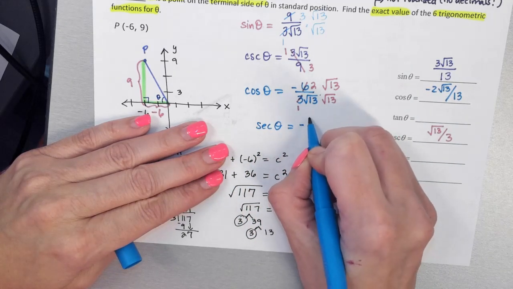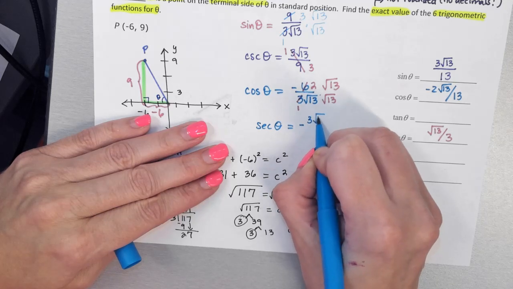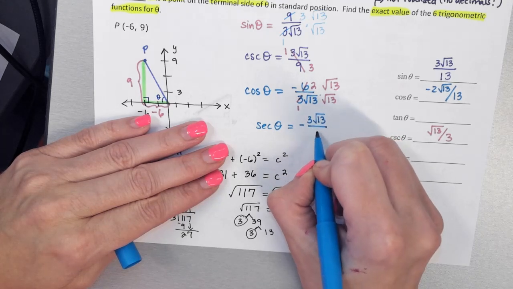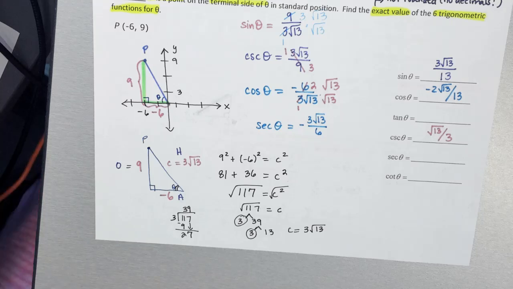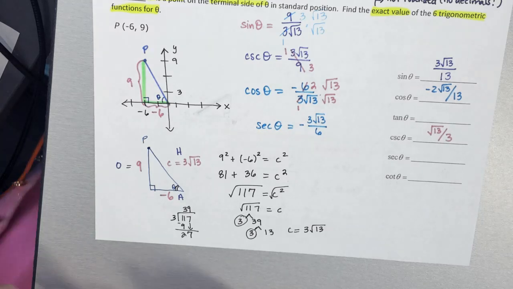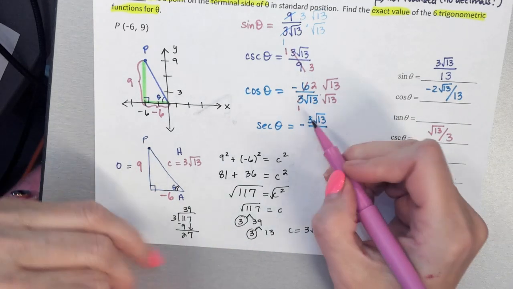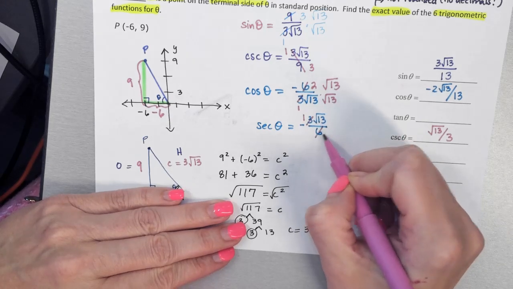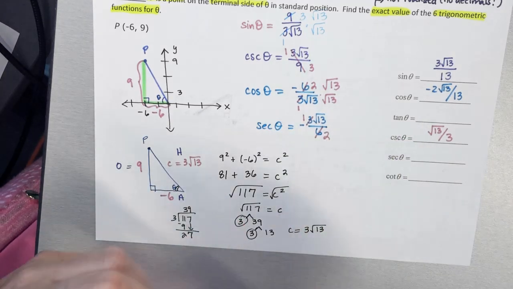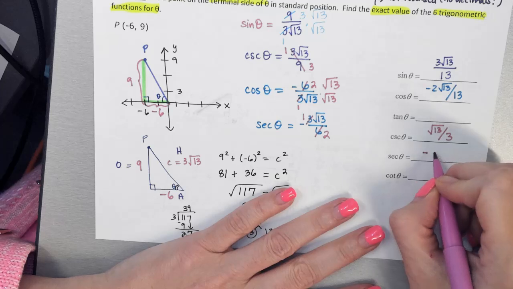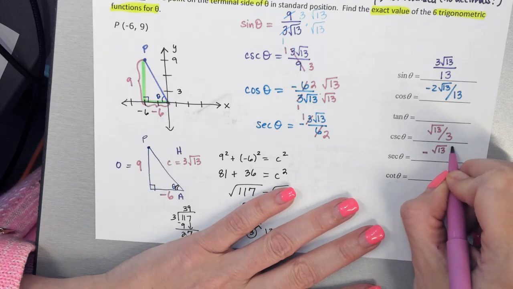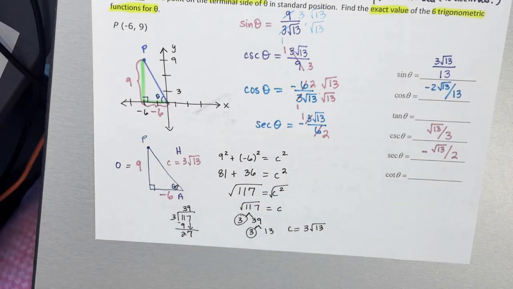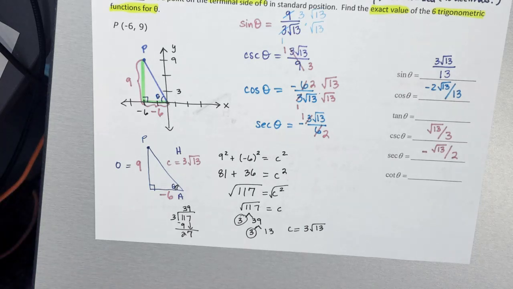So it's negative 3 root 13 over 6. The negative, it doesn't matter if you put it on the top or the bottom here, but this is going to reduce to negative root 13 divided by 2. Or you can put the negative on the bottom, that is fine.